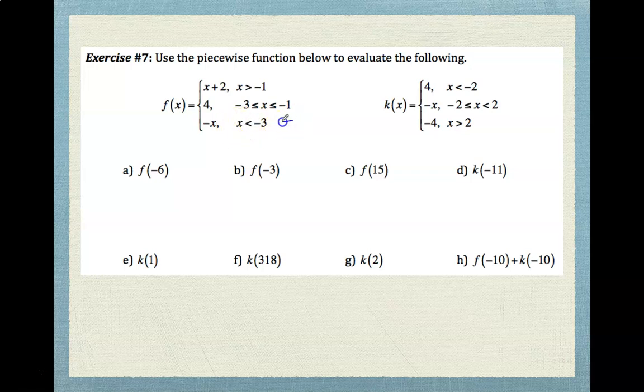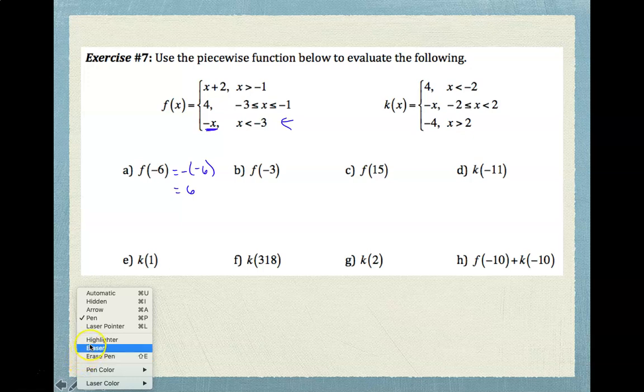So it's only going to belong to one domain at a time because it's a function. So -6 belongs in this third domain. If I put -6 into this function here, because that's the function that goes with this domain, then I would say f of -6 is -6, which is 6.